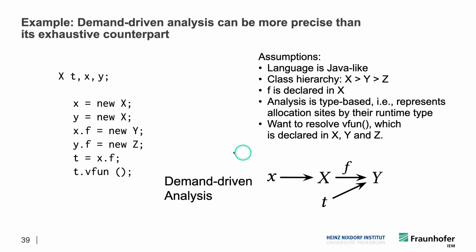And we also know then that x.f, which is initialized to Y, points to this type-based representation Y, right? So this is the allocation site for the field, basically, or the field's value. And this is the allocation site for X itself, represented by their types. And then T, because it points to x.f, is also pointing to that same node here. So that's the representation that you get in the demand-driven analysis, and that's sort of what you would expect to get in this case, right?